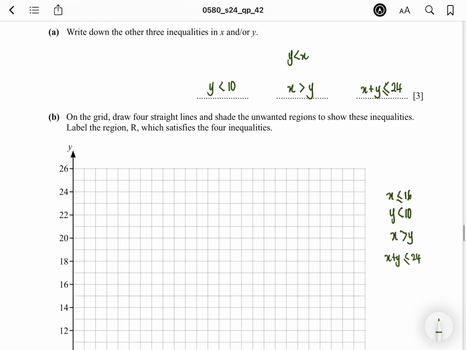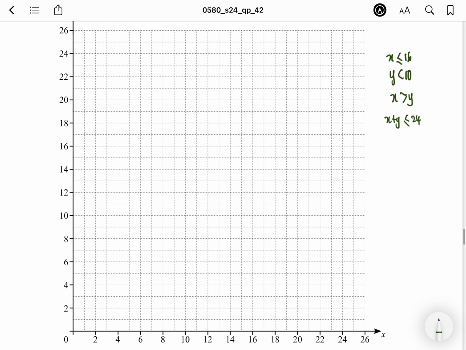How can you draw the straight line with this inequality? Each one, you can replace the inequality sign with the equal sign. So which means x equals to 16, y equals to 10, x equals to y, and x plus y equals to 24. These are the lines that we need to draw.